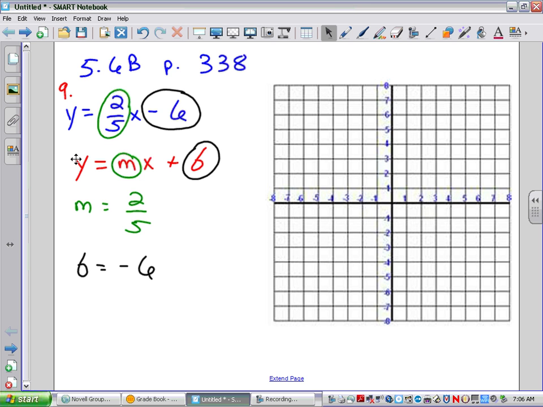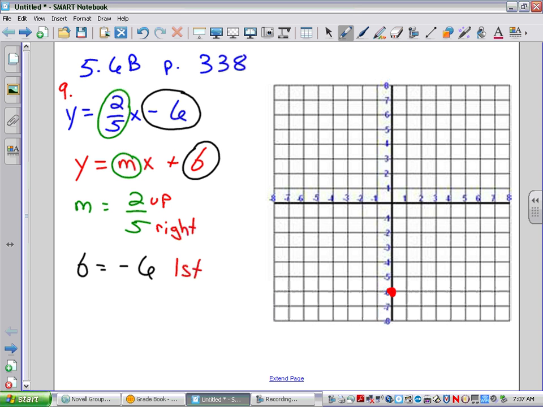So now I graph it. Remember, I always do the y-intercept part first. So negative 6 on the y-axis, go over and mark this point. That's 1 point. I only need 2 points. My second one comes from the slope. Rise over run, I go up 2 and right 5.